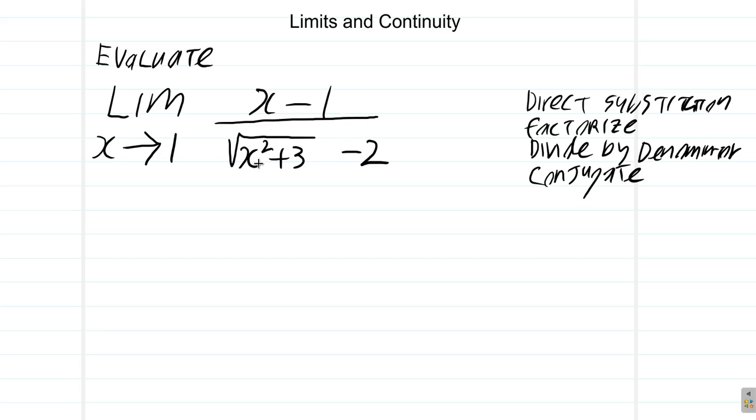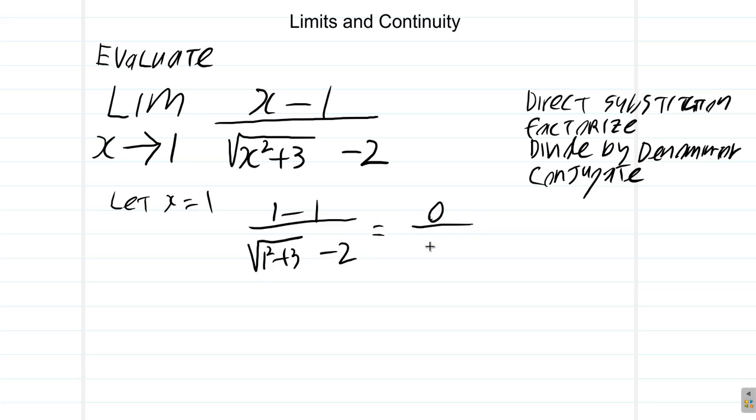Can we use direct substitution? Let's see. When x is 1, what happens? Let x equal 1. 1 minus 1 up top divided by the square root of 1 squared plus 3 minus 2 would give you 0 up top divided by, 1 squared is 1, 1 plus 3 is 4, so it's the square root of 4 minus 2.